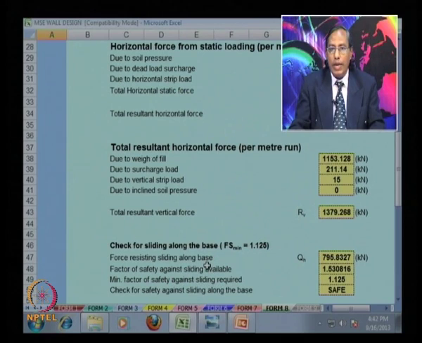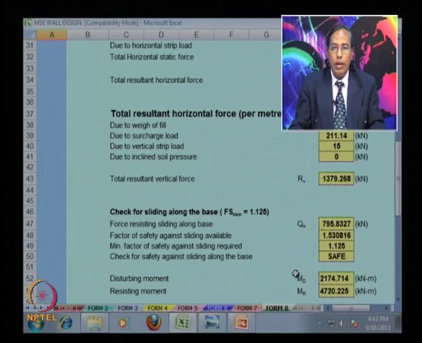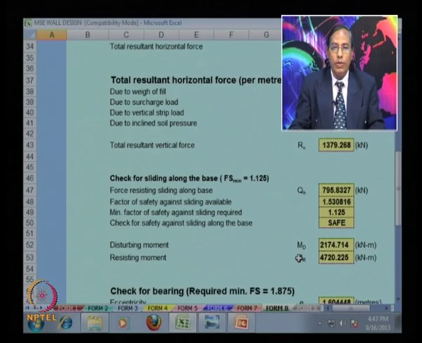Force resisting the sliding along the base is 796.8327. Factor of safety against sliding available is 1.530816. The minimum factor of safety against sliding required is 1.125. Therefore, on the check for safety against sliding along the base, we find it is safe.